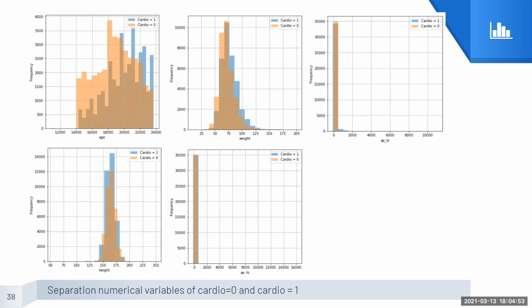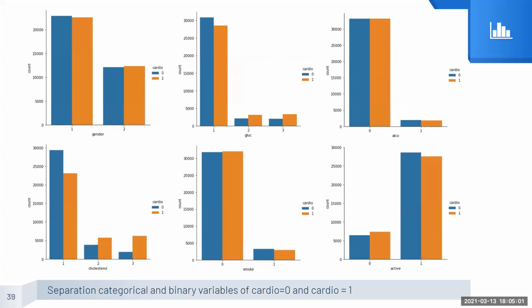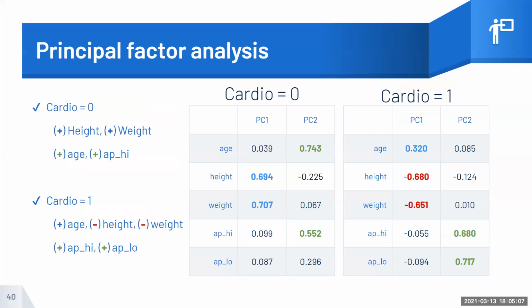Because of all the overlap that we see using the histograms, we concluded that it's difficult to see any differences between the 2 groups. The same thing we found looking at bar plots of the categorical variables and the binary variables. Then to conduct principal factor analysis, we used the first 2 principal components of each of the data set to identify common variances within the data set.